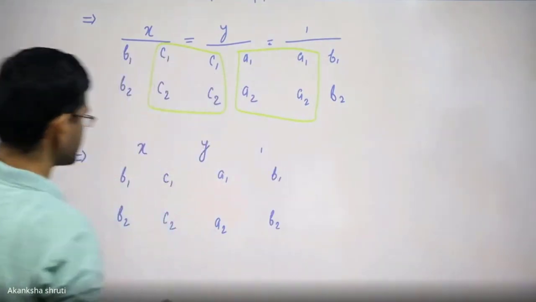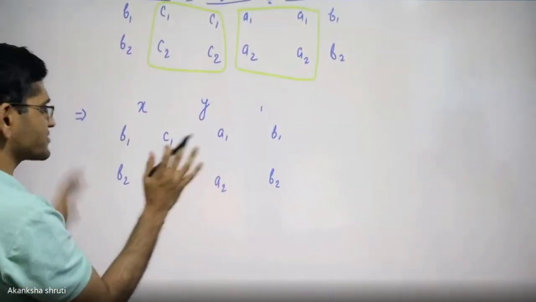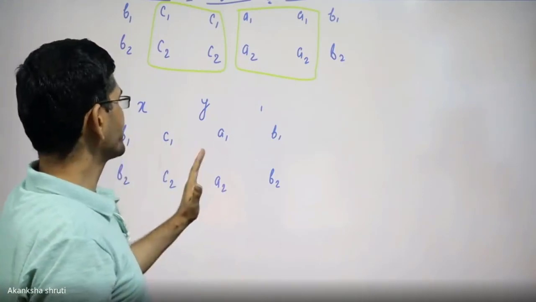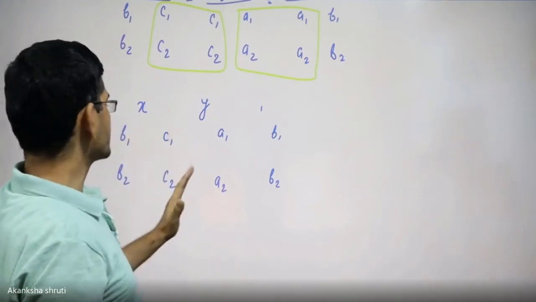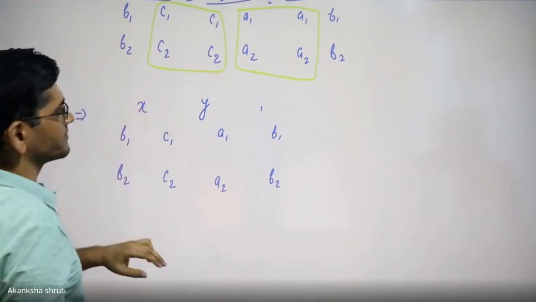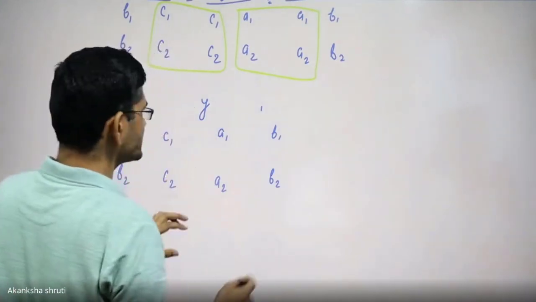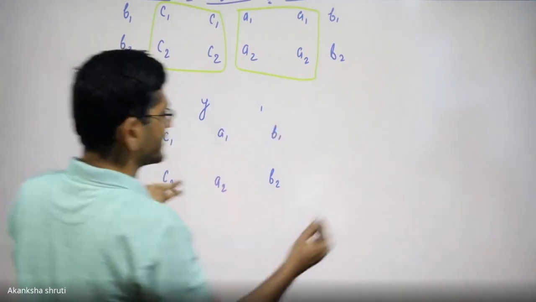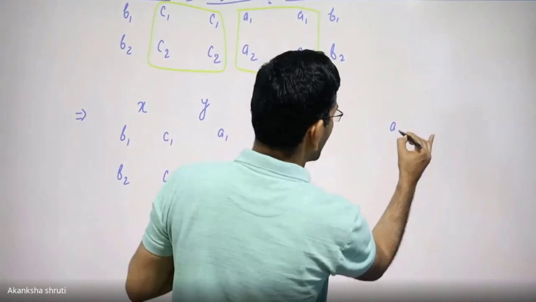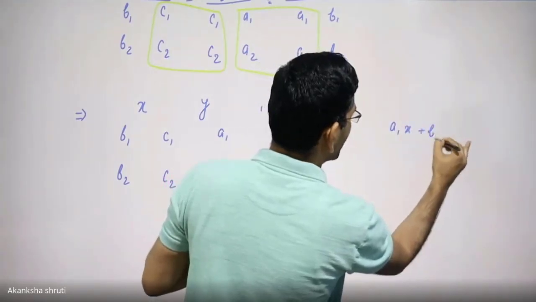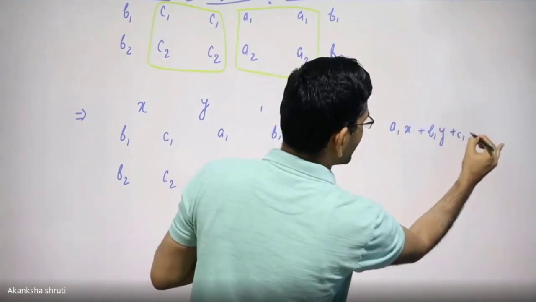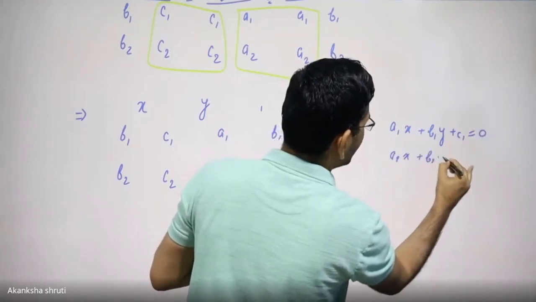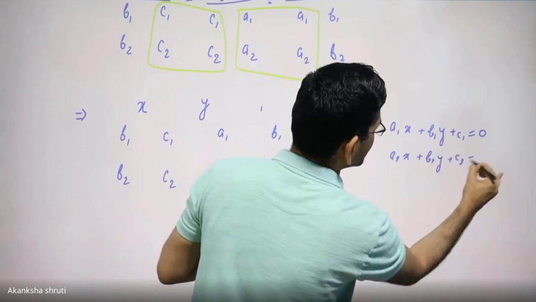Okay, students? So this is the simplest way of writing. Just by writing these numbers, the coefficients and constant terms, in this way we can determine the x and y. So keep in mind here, these are the coefficients and constant terms for the equations a1x plus b1y plus c1 is equals to 0 and a2x plus b2y plus c2 is equals to 0.